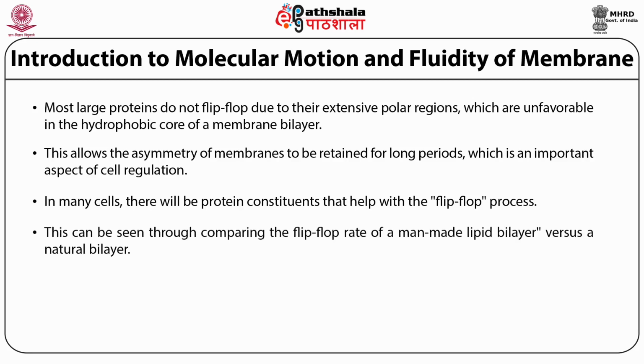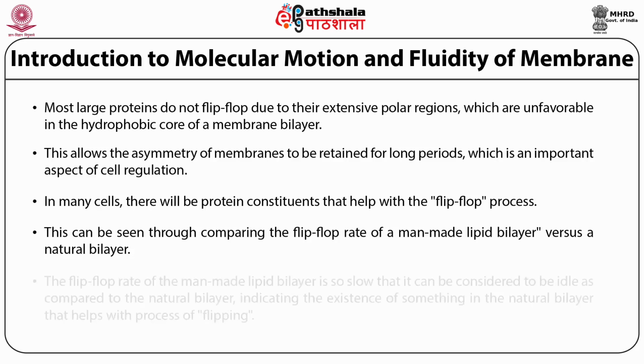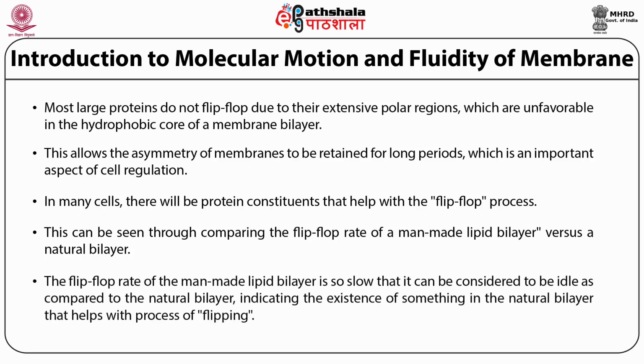This can be seen by comparing the flip-flop rate of a man-made lipid bilayer versus a natural bilayer. The flip-flop rate of a man-made lipid bilayer, or you can say liposome or other membrane, is so slow that it can be considered to be idle as compared to the natural bilayer, which indicates the existence of something in the natural bilayer that allows the process of flipping.